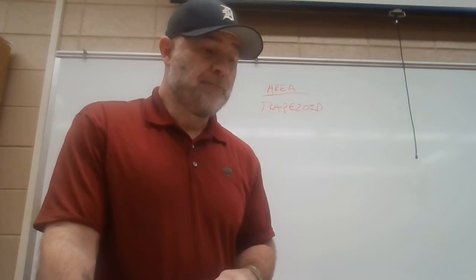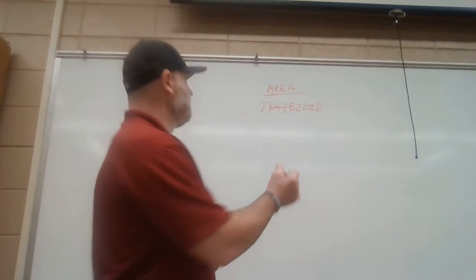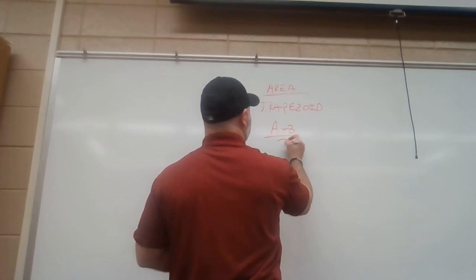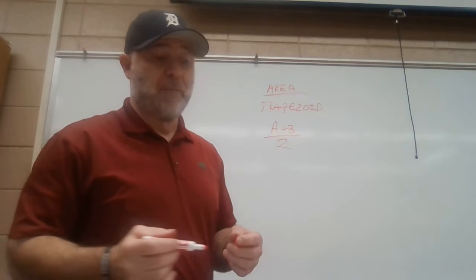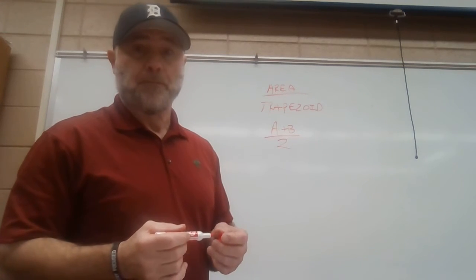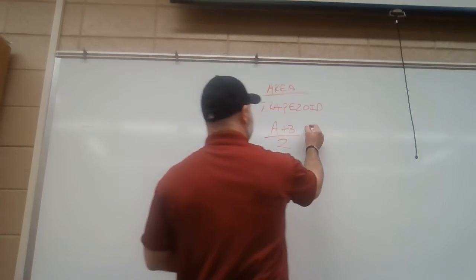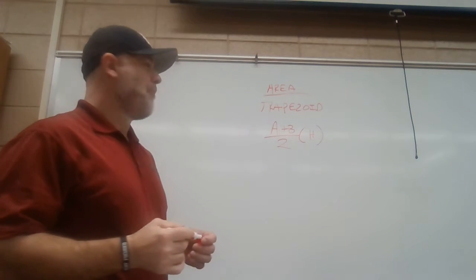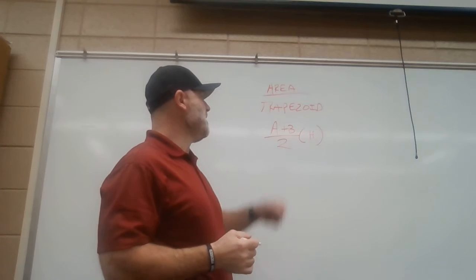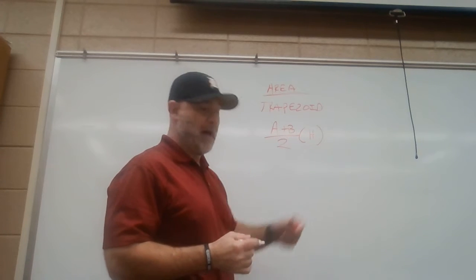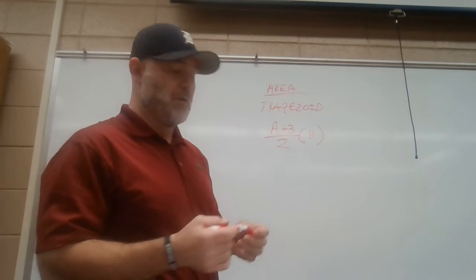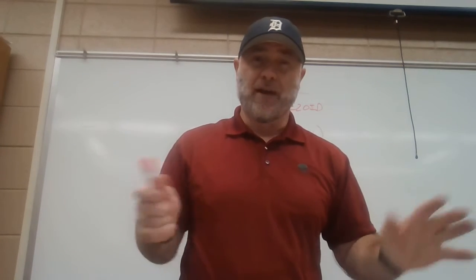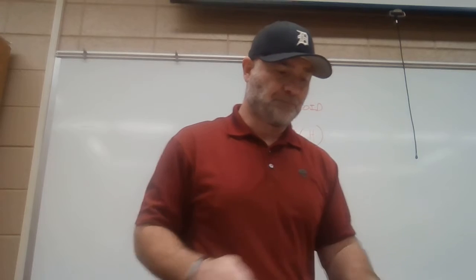So trapezoid is A plus B divided by 2 times the height. So A plus B divided by 2 times the height, and that's for a trapezoid. We'll go into the figures here in a little bit. Make sure that you guys are familiar with the shapes.